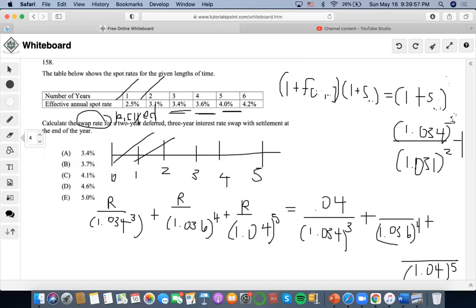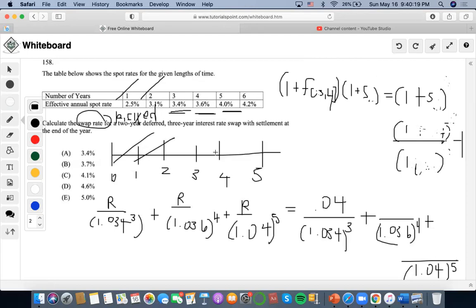So I'm going to erase these. Hold on. So now I'm going to take these. So from 3 to 4.